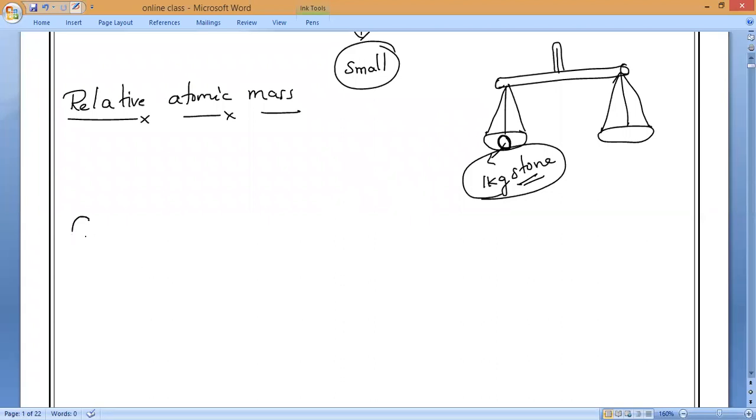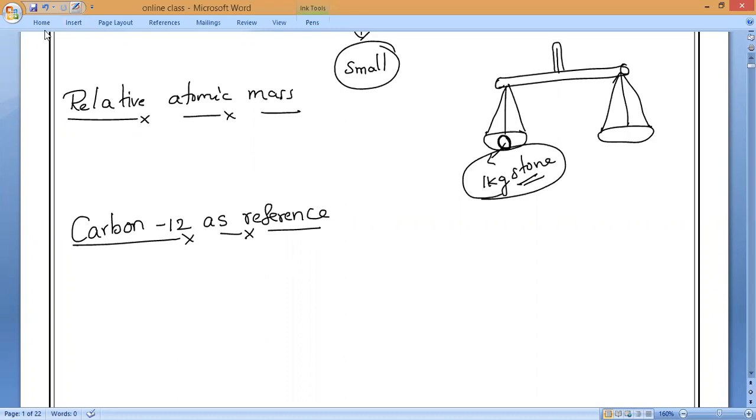What is the reference atom we are considering? Carbon. Don't you know? Yesterday I taught you correctly. Carbon-12 is the reference atom. So we compare the mass of an atom of every element with carbon-12 as our reference atom.